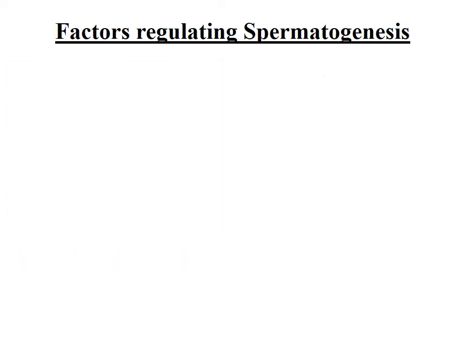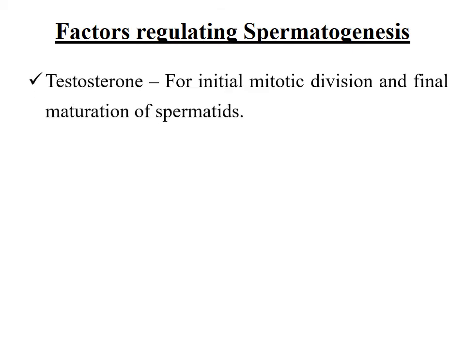Let us now look at the factors regulating spermatogenesis. The first and foremost factor is testosterone, the male sex hormone, which is essential for the initial mitotic division and the final maturation of the spermatids. As I mentioned before also, testosterone is released by a special type of cells called Leydig cells, which are located outside the seminiferous tubules.